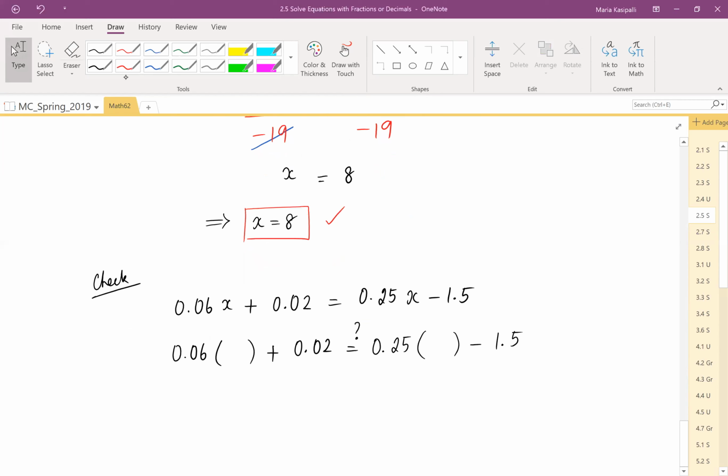x was 8, plug in the 8, multiply them out. That will be 0.48 plus 0.02, which is 0.50, minus 1.5.